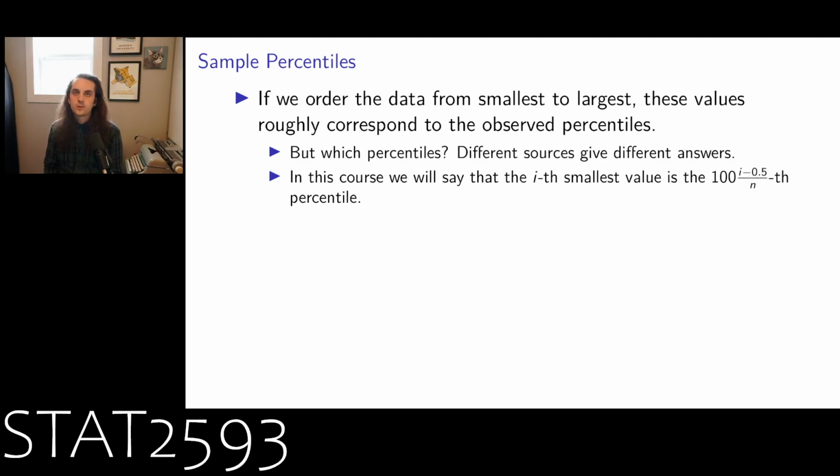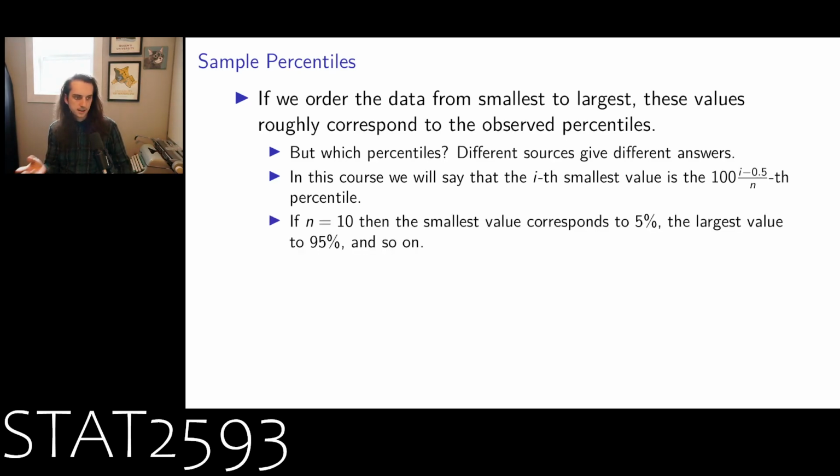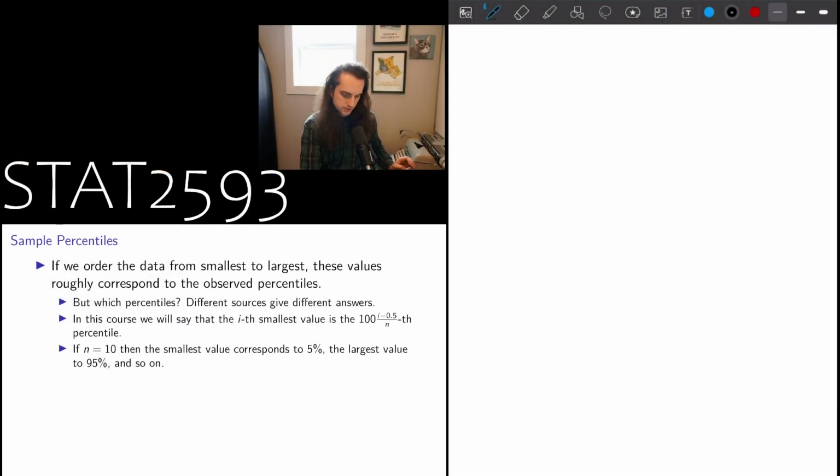In this course, what we are going to do is say that the ith smallest value is the (i minus 0.5) over n-th percentile. Right? So let's take an example. If we have 10 observations, then the corresponding smallest value is going to be the 5th percentile. And how do we get that? Well, just to write this all out: we have n equals 10, i equals 1.